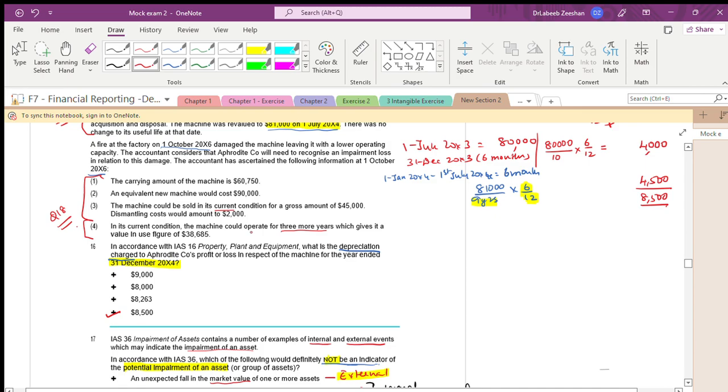The machine is sold in current condition. Very simple.